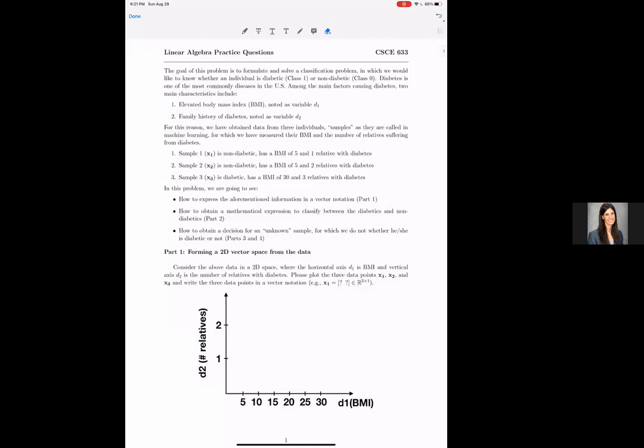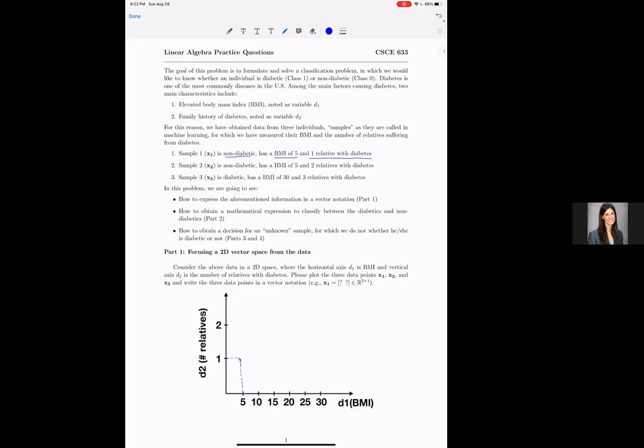Let's go ahead and plot these 3 points on this 2D space. The first point, sample X1, is a non-diabetic participant. So this is the label, and the BMI is 5, and this person has 1 relative with diabetes. So we plot this sample whose X value is 5 and whose Y value is 1, like that on this 2D representation space.